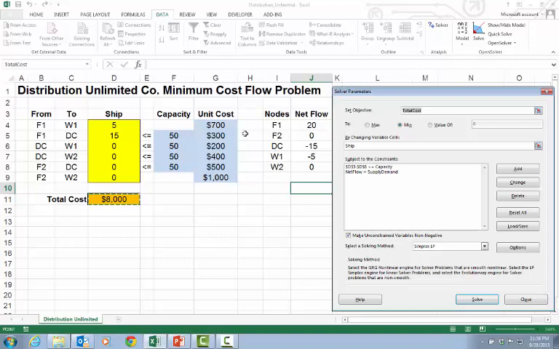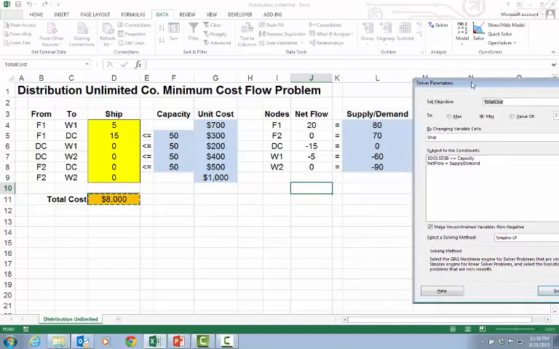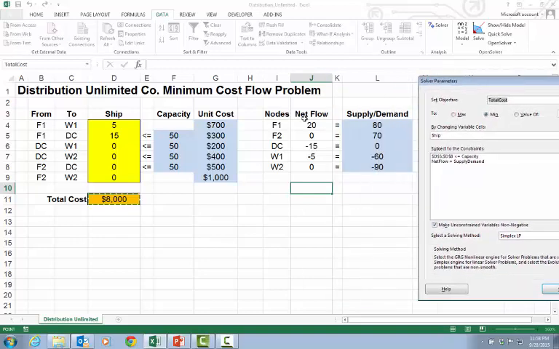One are these capacity constraints to make sure these 4 trucking lanes don't exceed their capacities of 50 units each. And the other one is basically that the net flow range must equal the supply-demand range. In other words, we have got to hold fast to that equality between those two.